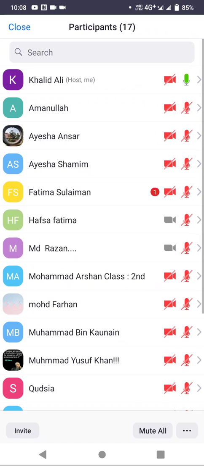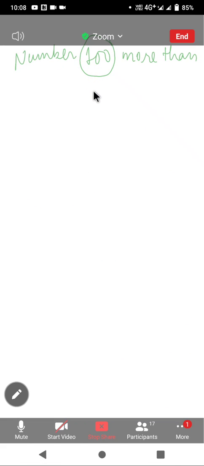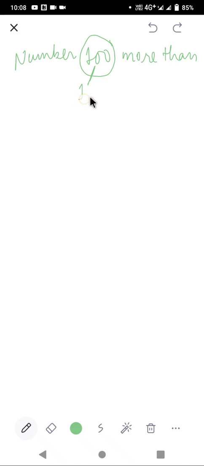Only 1 hundred. This 100 means we have to add 1 in the hundreds place digit. So let's take a number. What is 100 more than this?